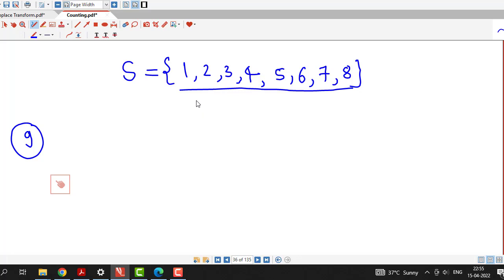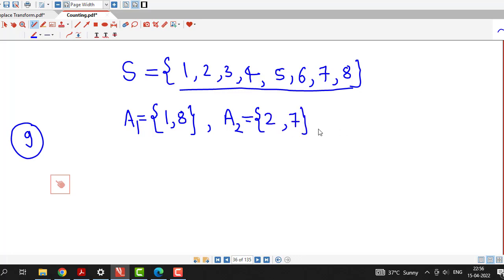So first we decide the pairs of elements whose sum is equal to 9 and we list out those pairs in a set. For example, if we add 1 and 8, then the sum is equal to 9. So we consider this set as A1. Similarly, another set is 2, 7.